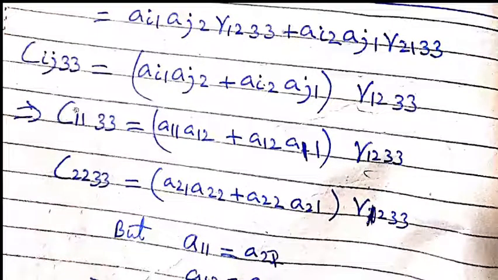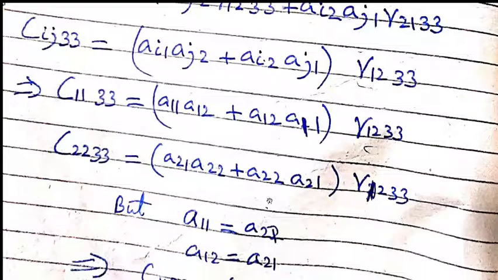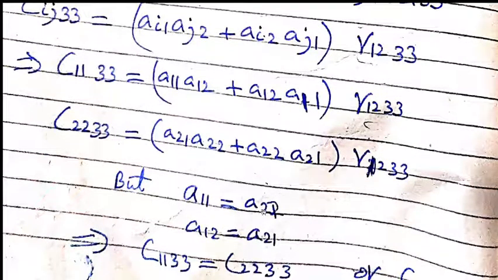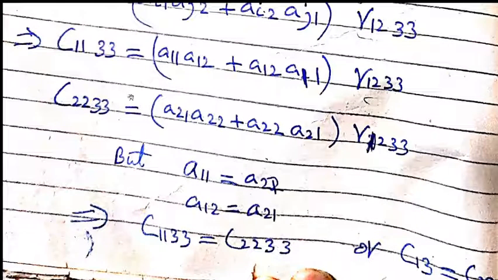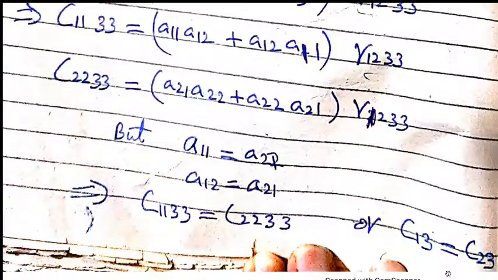So in this case, if they are 1 1, we have this, and if they are 2 2, these are this. But we know that A11 is equal to A22 from the matrix B, and A12 equals A21. So these are same. C1133 equal to C2233, or this one C13 equal to C23.